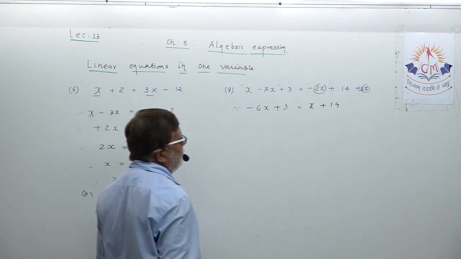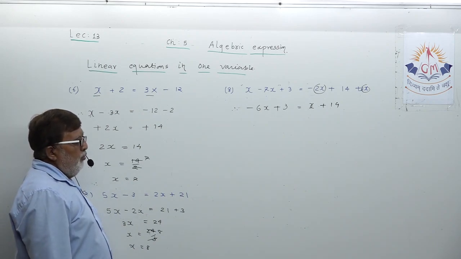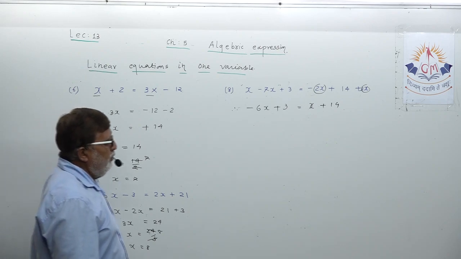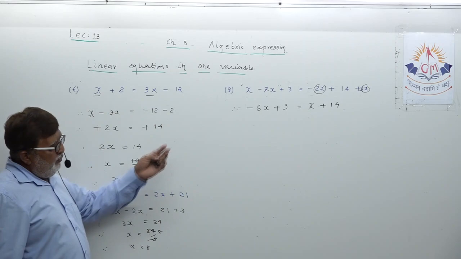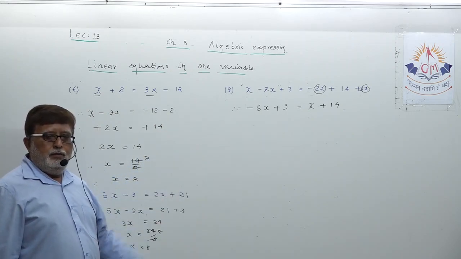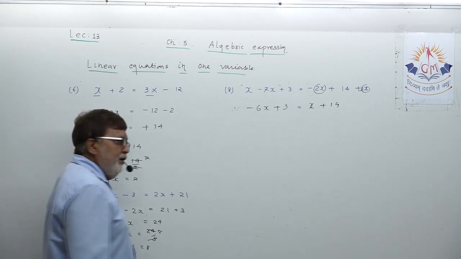Okay. First step is to solve the like terms. Is it clear? Now dear student, you got the equation in this format containing two terms, one on left side, one on right side, containing variables.